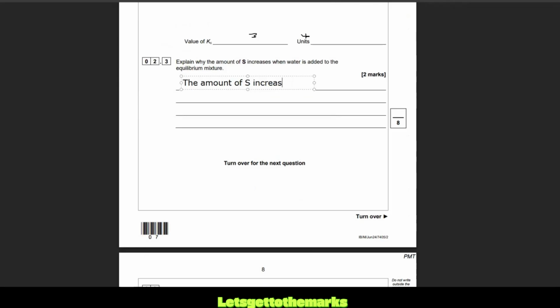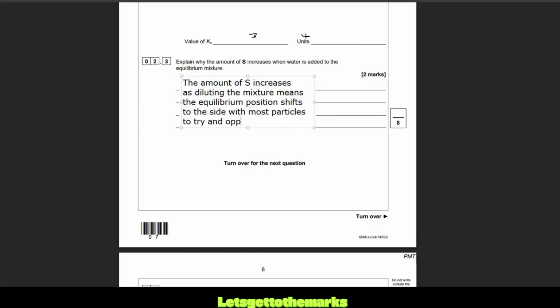The amount of S increases, as diluting the mixture means the equilibrium position shifts to the side with most particles to try and oppose the change.